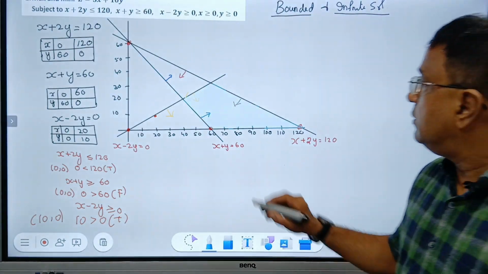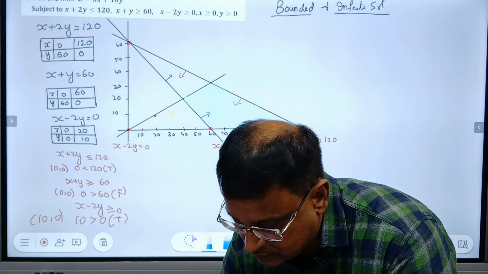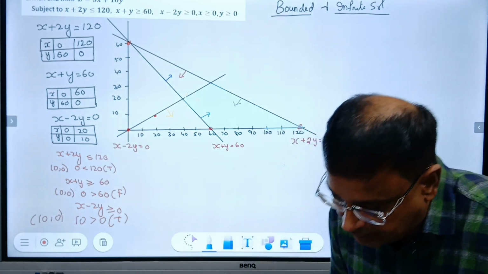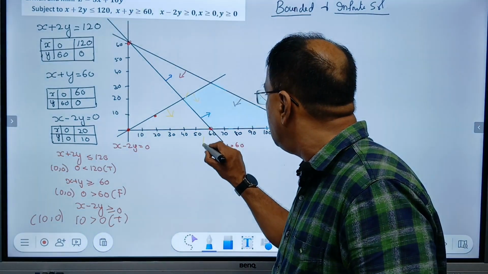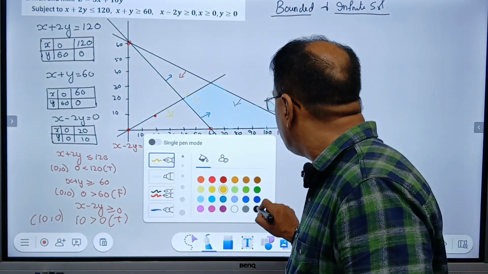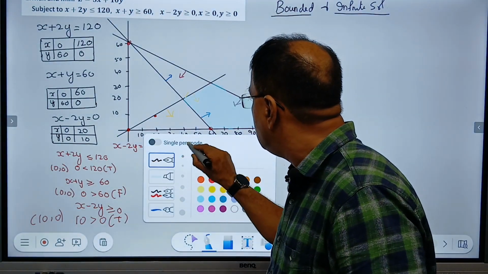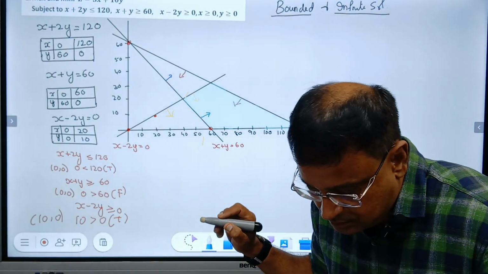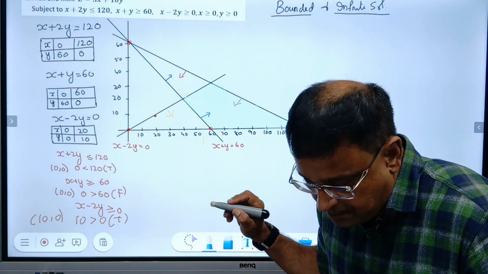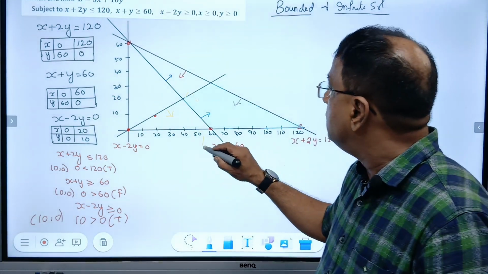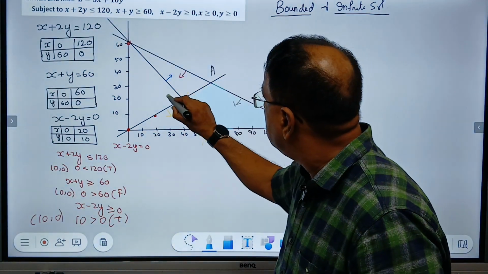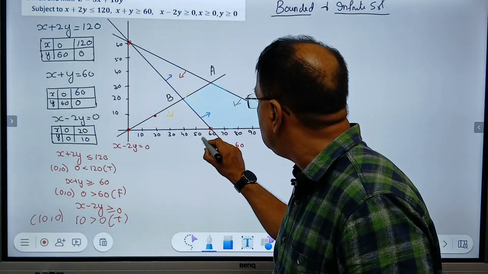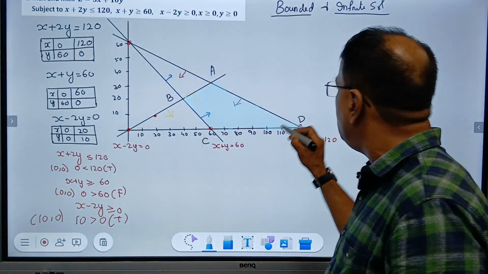So what do you say here? The vertices are, I'll choose the same points, A, B, C, D. You can choose in any order you want.